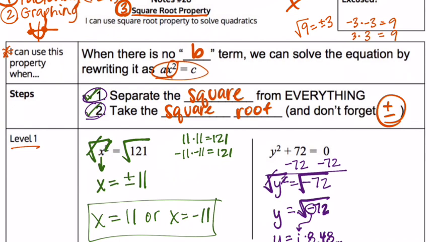If I wanted the exact version, so this is exactly what that number is, I would have to split it up into 2 and 36, split it into 2 and 18, split that into 2 and 9, splits into 3 and 3. I'm going to find my pairs, so I have a group of 2 here. I would make a 2 outside.